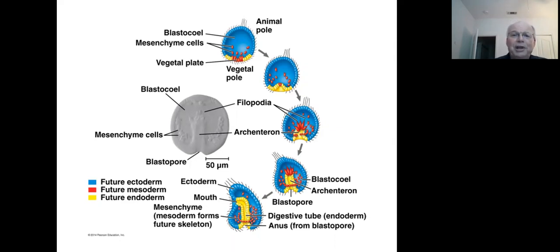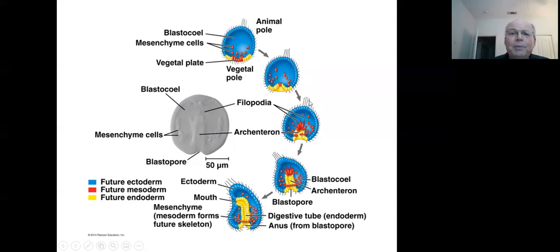They grow extensions called philopodia, you can see those here, that will anchor the developing archenteron to the ectoderm on the other side of the blastocoel as the archenteron develops, and pull it over to merge with the ectoderm as the archenteron extends. Some of those cells will remain associated with the developing gut, and they will form the mesoderm that will give rise to the interior body organs that are not associated with the gut.